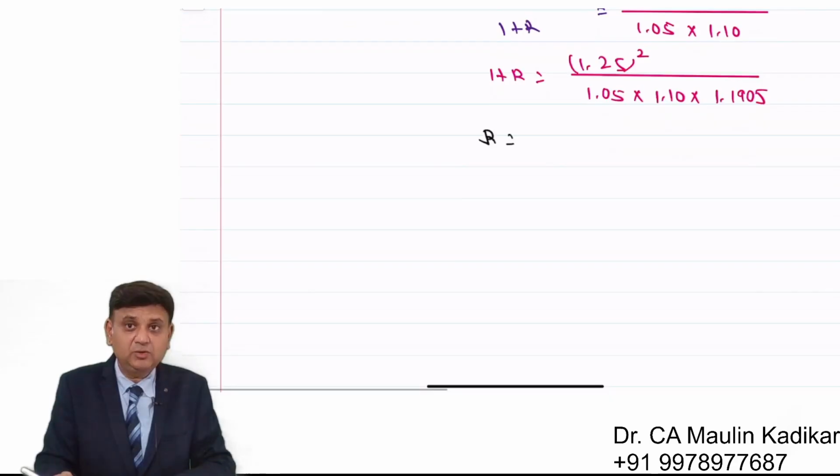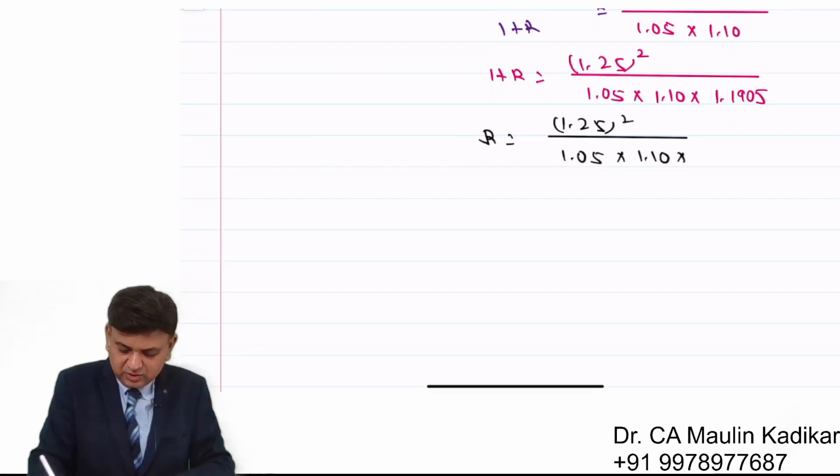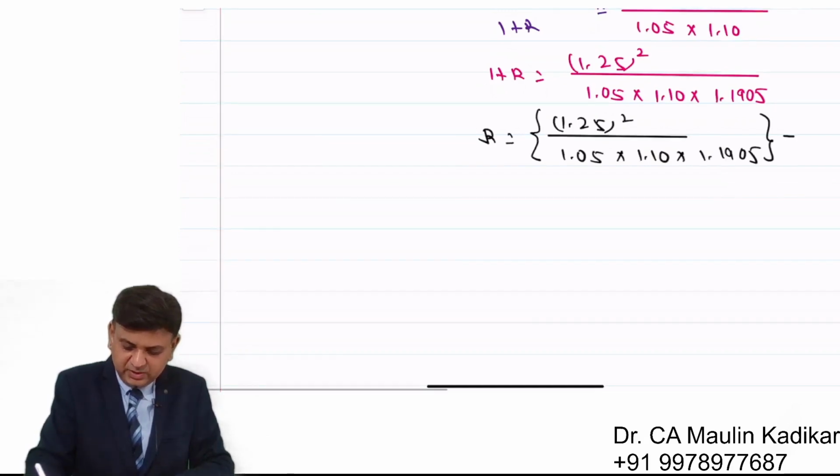So r is equal to 1.25 raised to 2 divided by 1.05 into 1.10 into 1.1905, whatever the answer we get, minus 1.